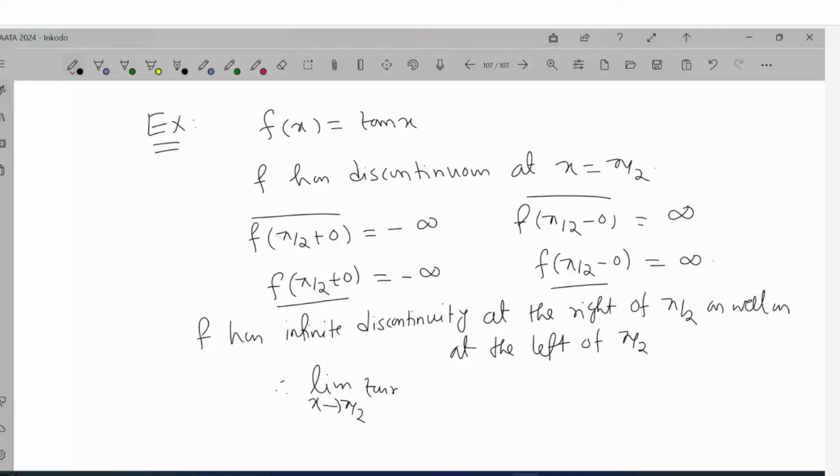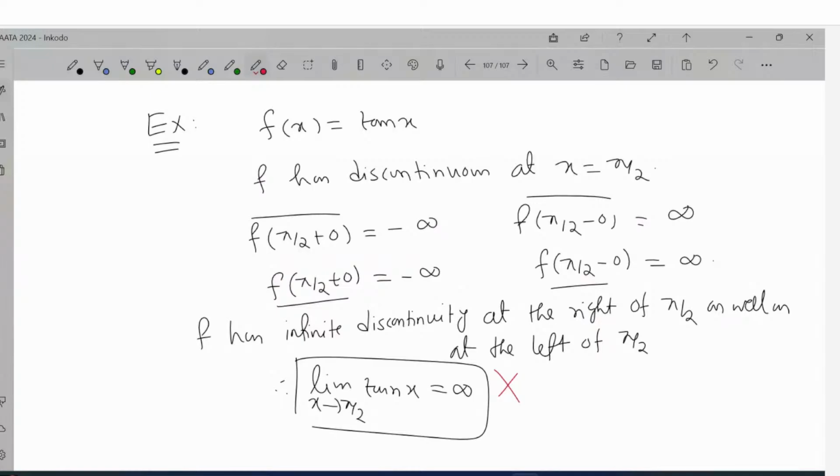This is incorrect, because left hand limit and right hand limit are different, so the limit does not exist. But limit x tends to pi by 2 plus tan x is minus infinity. My left hand limit is okay.